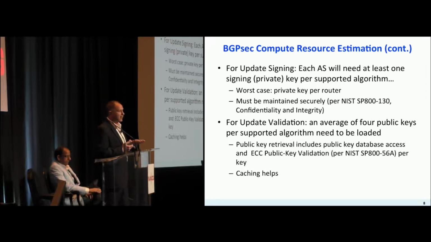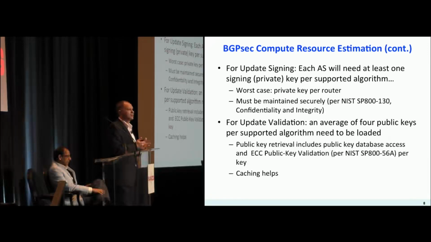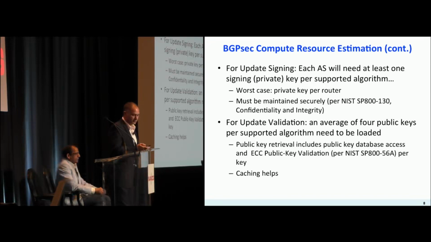Now, for the validation, for each hop, we need a public key of the AS that the particular path was signed with. So if you're assuming 4 hops, that will be 4 different public keys. The public keys are a little bit larger than private keys, but still, the size isn't a problem. It's the number of potential public keys that we could have with full propagation of BGP-SEC. And we'll talk a little bit about that as well.